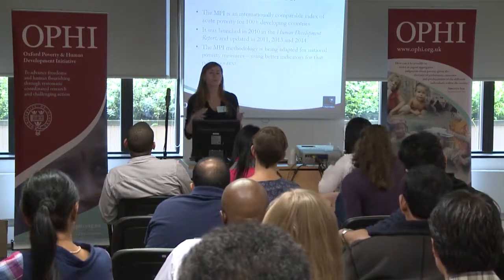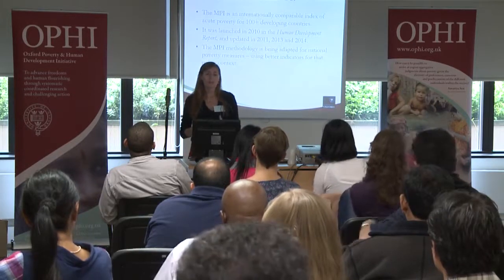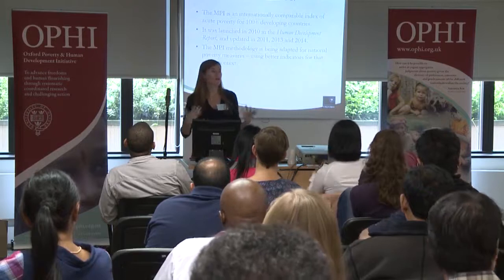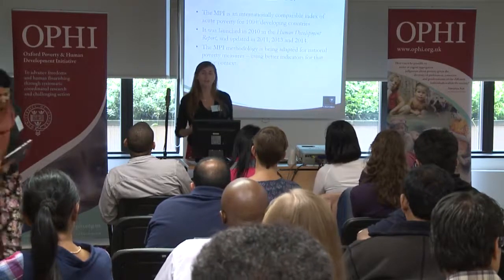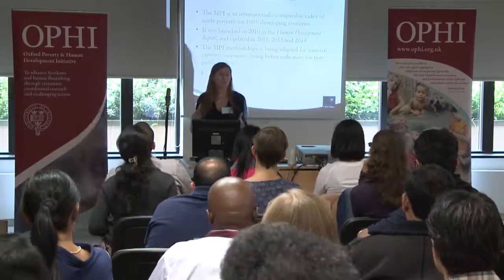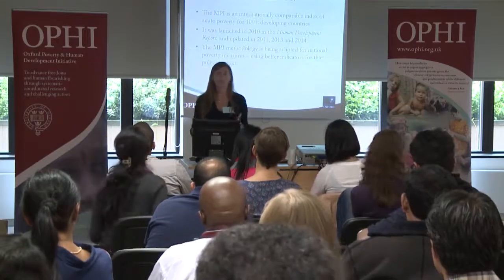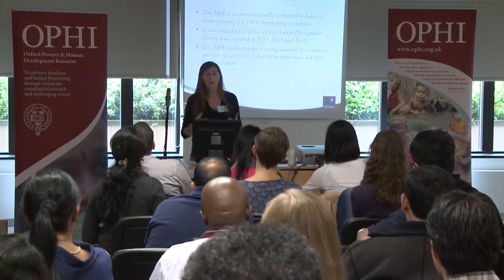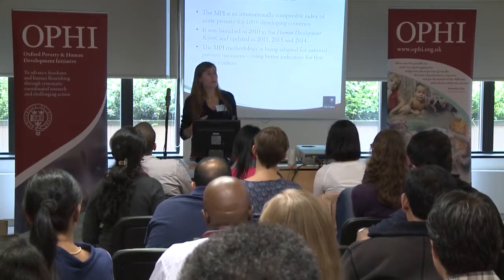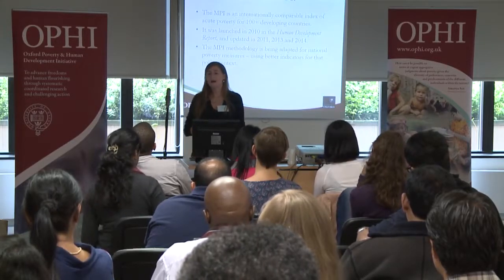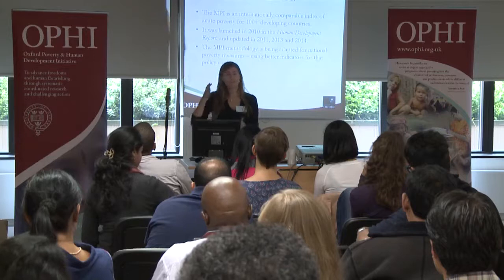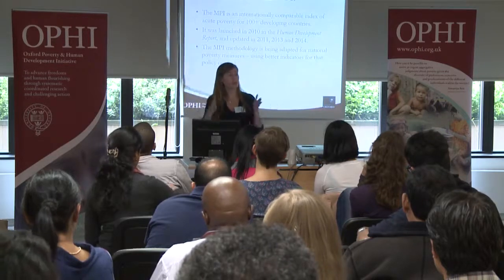Different countries have already started to use the general methodology to create their own poverty measures with particular dimensions that they consider relevant for the context of their own countries. But in the case of the global MPI, the objective is not to be nationally the best measure, but rather to have international comparability.